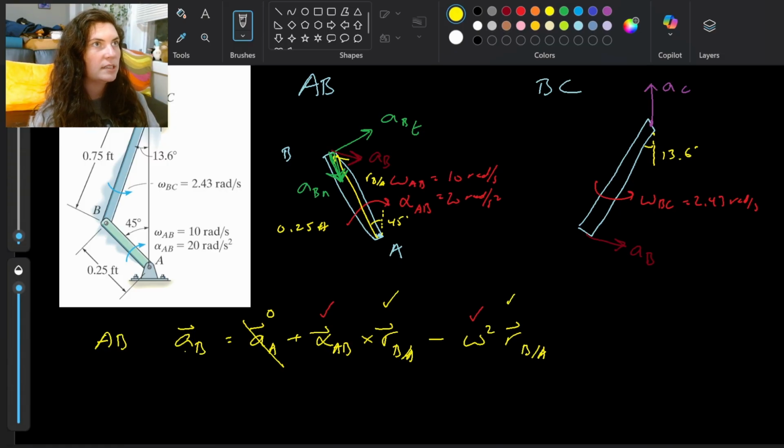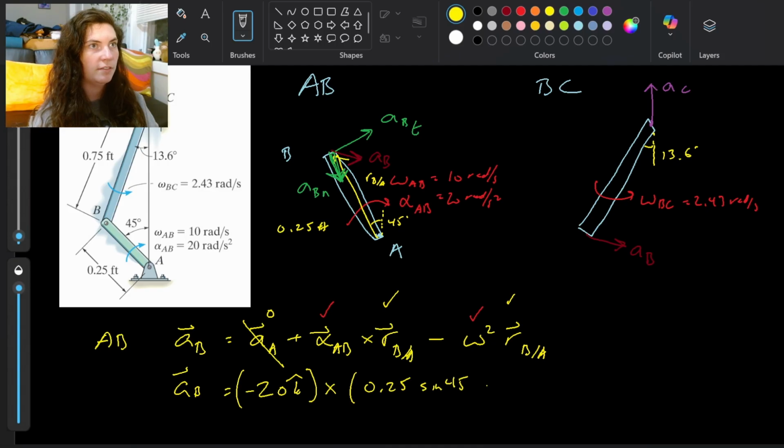All right, so our acceleration of B is going to be alpha AB, which we know is 20 radians per second, and it's clockwise, so that's a negative k, so negative 20 k hat, cross product with the vector of RB with respect to A, which has x and y components: 0.25 sine 45 i hat, and that is in the negative x direction, so that needs a negative out front.